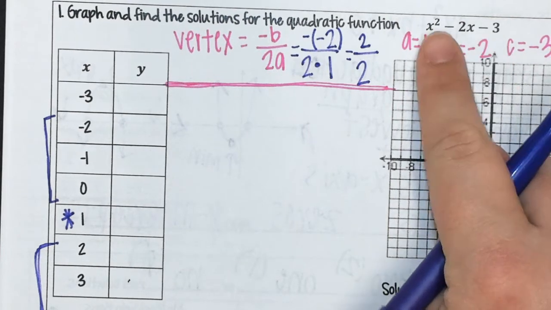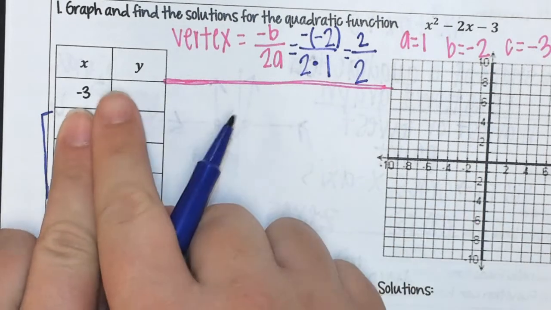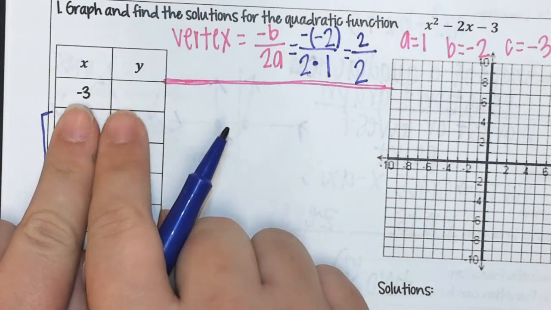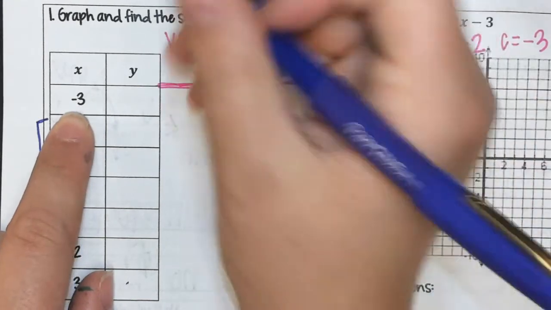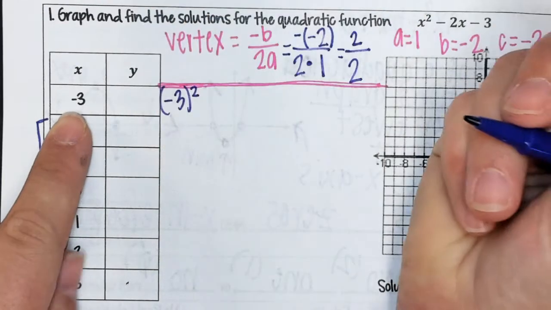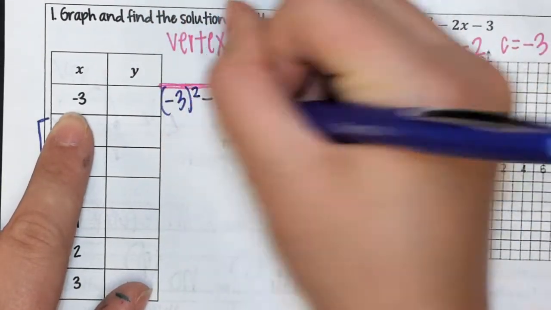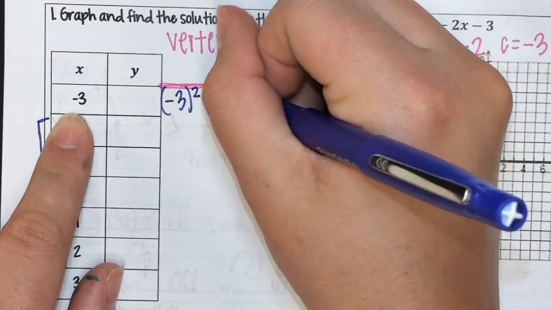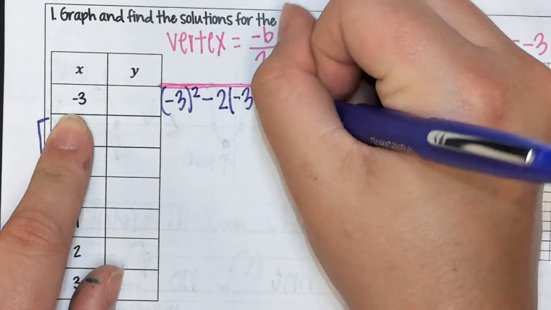So start with -3. Instead of writing x, we write whatever number this is. So you would write -3 squared minus 2 times -3 minus 3.